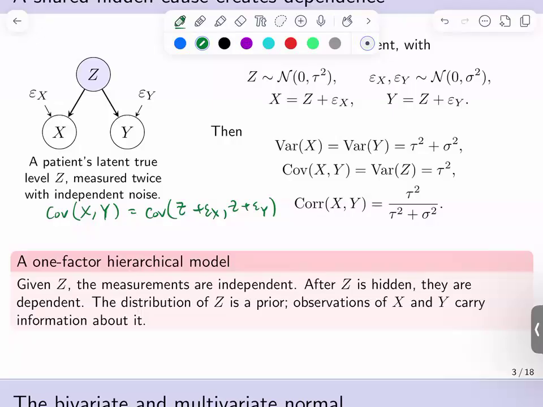Expectation is linear, covariance is... Covariance is bilinear. Okay, I can use bilinearity. So how do you use bilinearity?